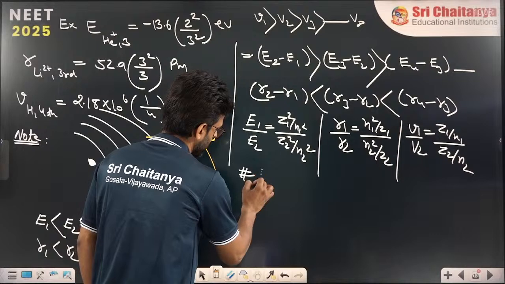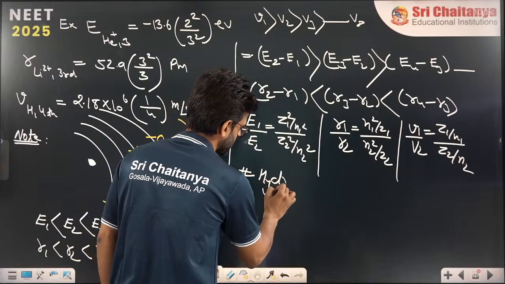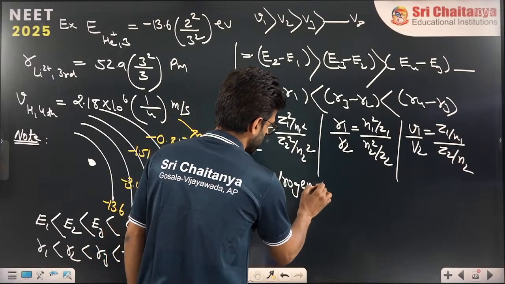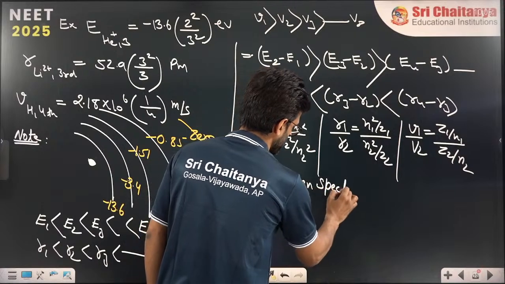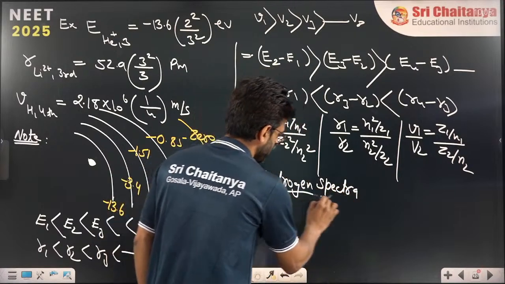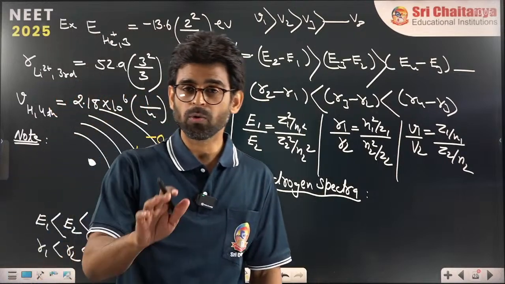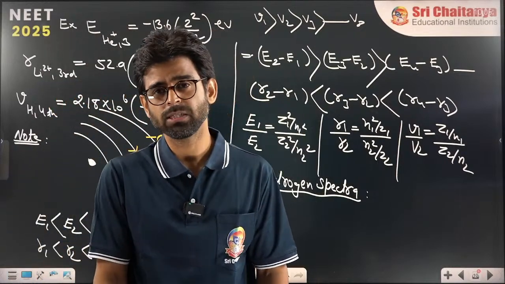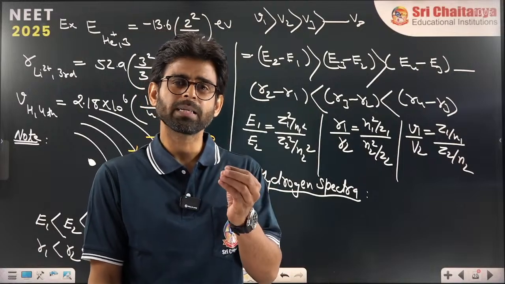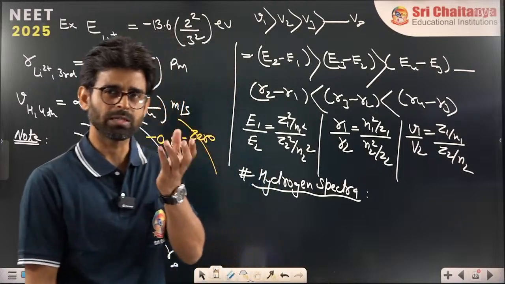In hydrogen spectra, there are two things that are very important. The Bohr model was able to explain the hydrogen spectra. In hydrogen spectra, there are basically two types of questions, two formulas only.